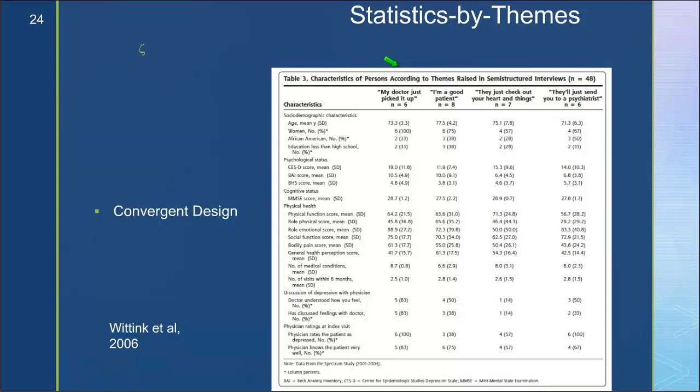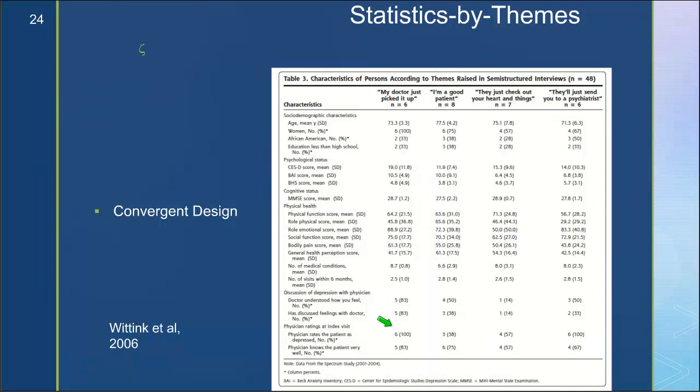So looking at some of these quantitative results then, for my doctor just picked it up, and I won't go through all of these, but the mean age, 73.3. For this next column, 77.5. Depression score, the CESD, 19.0 for my doctor just picked it up, to 11.9 for I'm a good patient. Not very concerning, actually.